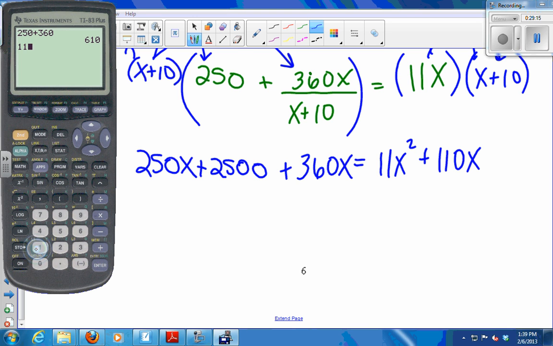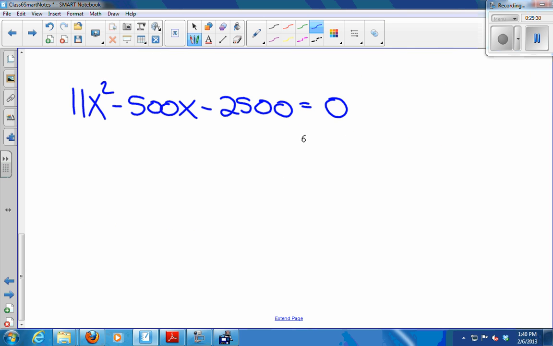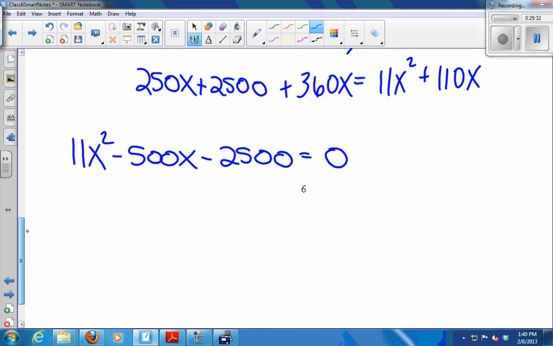So I have 110 minus 610, negative 500. So I have 11x squared minus 500x, and then also subtract the 2500: minus 2500 equals 0. So everybody see what I did? I moved everything to one side, but you can put the 0 on either side. It all equals 0.